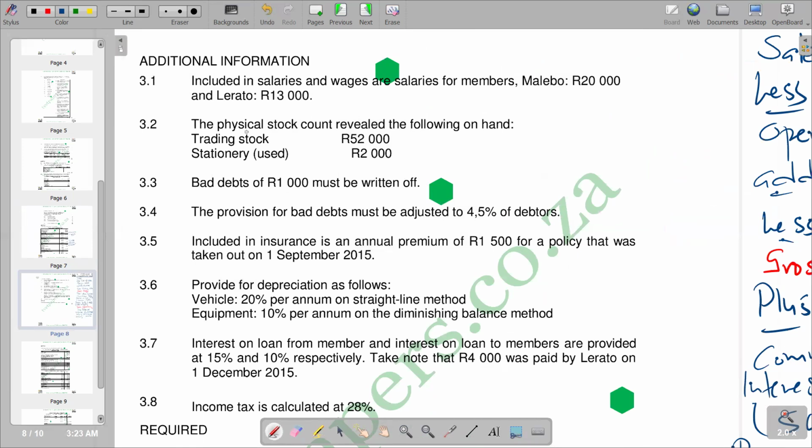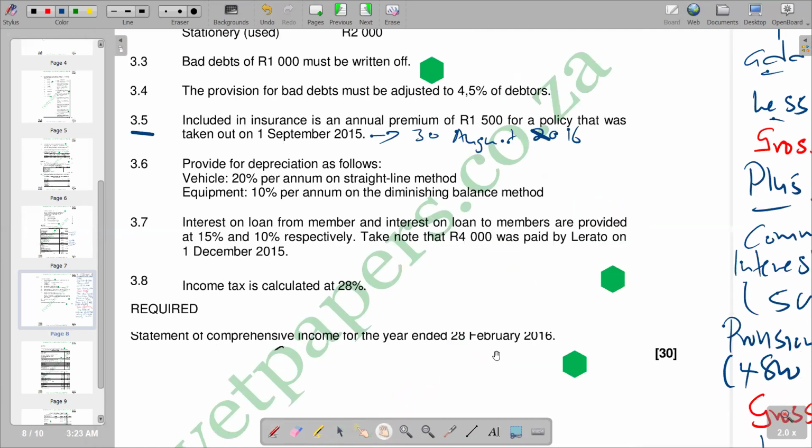If you go to additional information 3.5, included insurance is an annual premium of 1,500 for a policy that was taken on 1 September 2015.